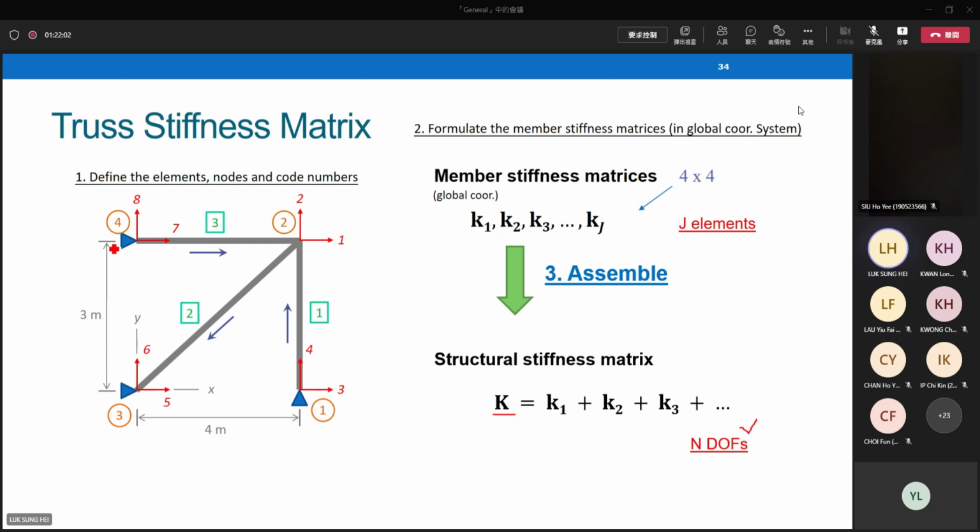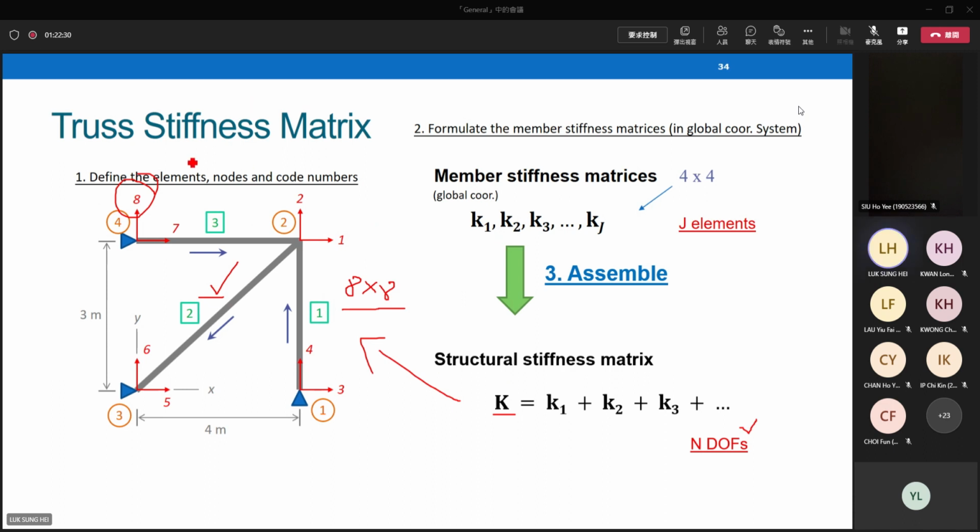Using the example on the left-hand side, what is the number of degrees of freedom for this structure? 8. We have totally 8 degrees of freedom. So once you add up all the element matrices together for this problem, the matrix becomes 8 by 8. Big K is an 8 by 8 matrix for this example.